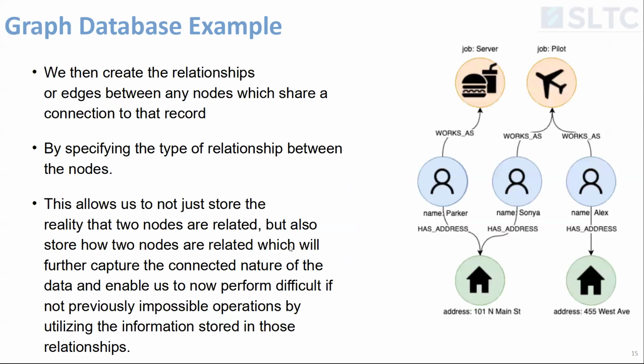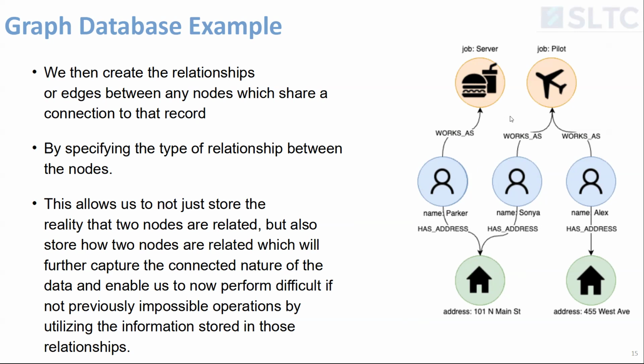So first step is to identify the nodes. Then we start putting these nodes, we rather connect these nodes together using the edges, right? And then we also write down the relationship. So we can say Parker, having the name Parker, has the address of 101 North Main Street, works at server. And if you notice the second one, look at that.